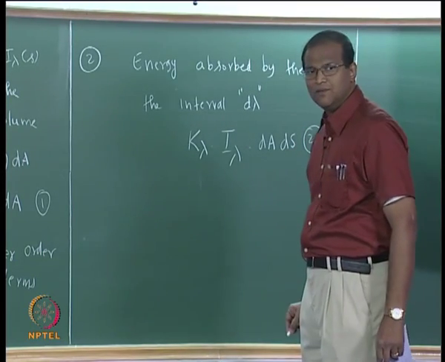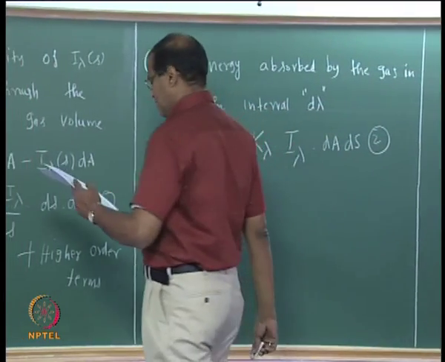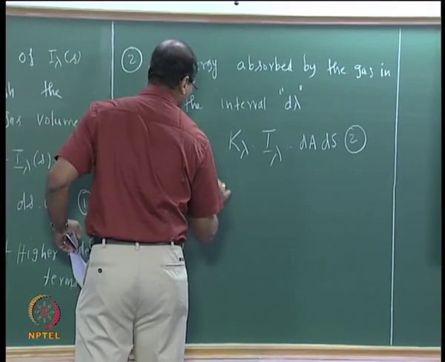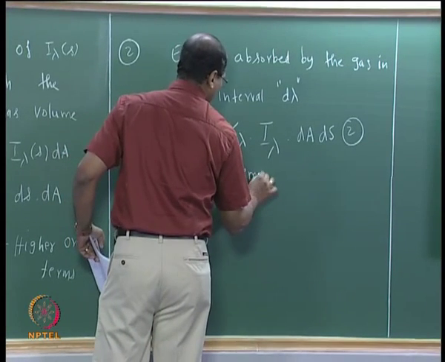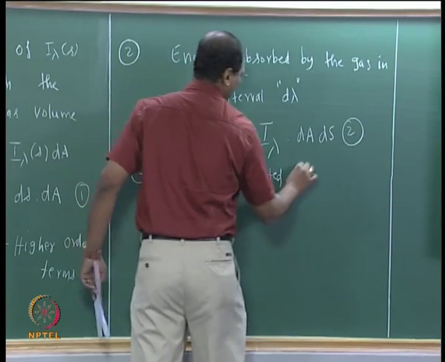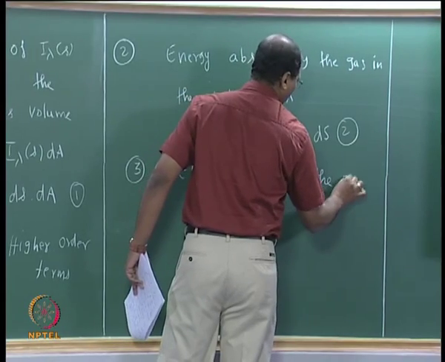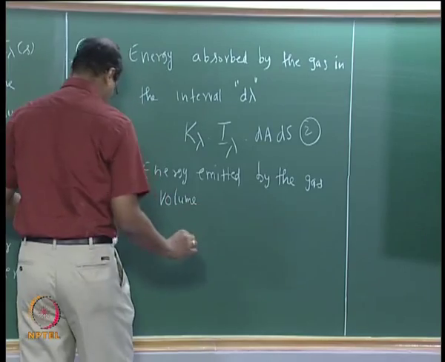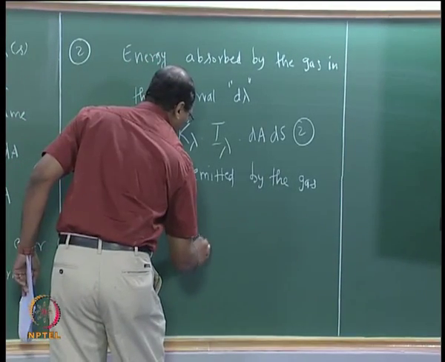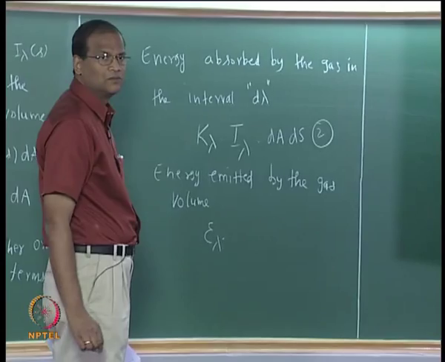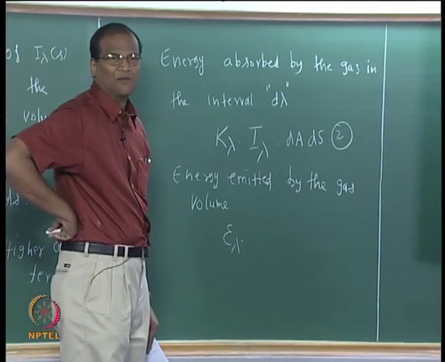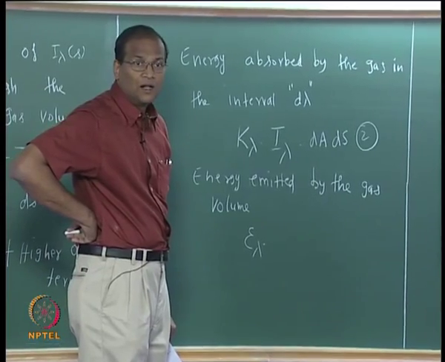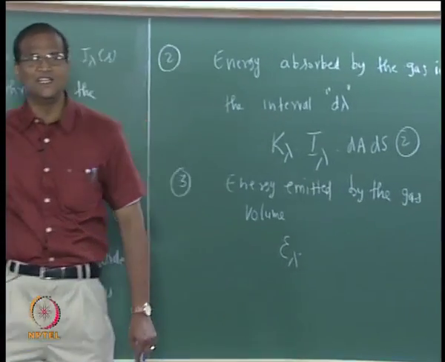We looked at energy absorbed, we also look at energy emitted by the gas volume. It will be epsilon lambda, not I lambda, come on, IB lambda of Tg, very good.